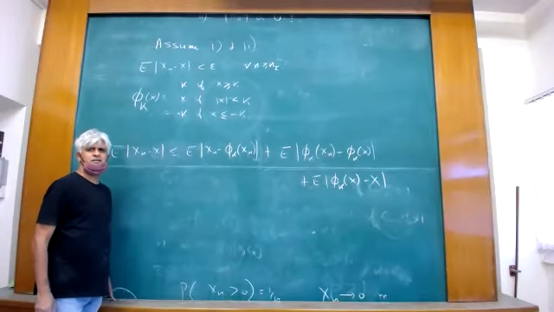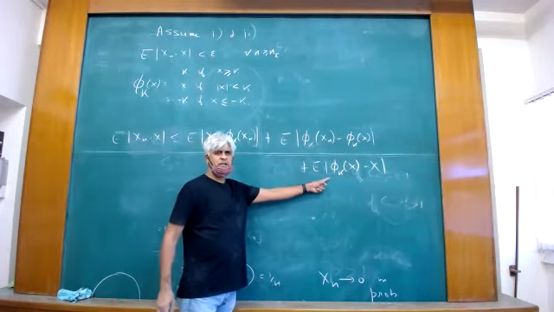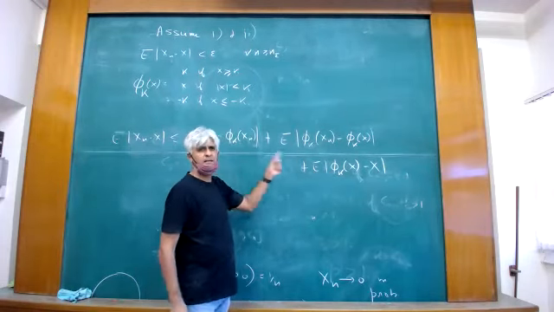I'll just use my K lambda. Same with this one, just use my K lambda. So both of these are less than epsilon by 3.